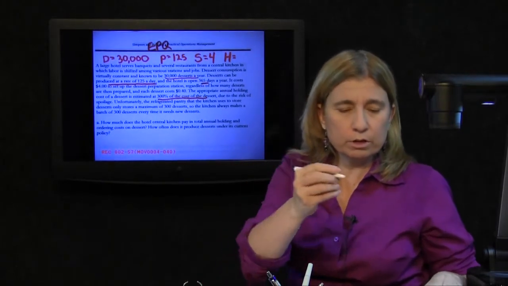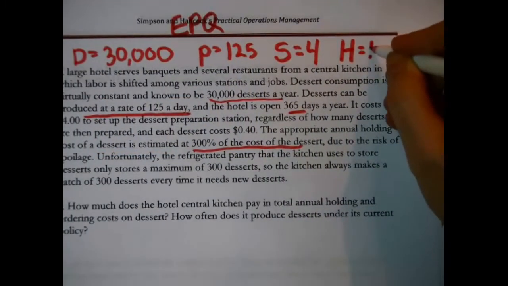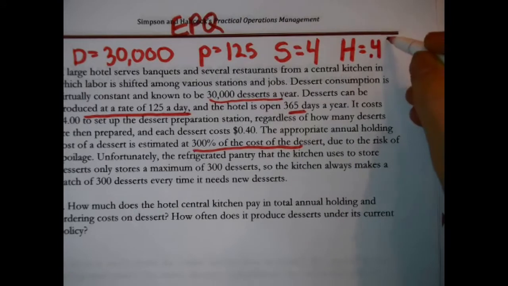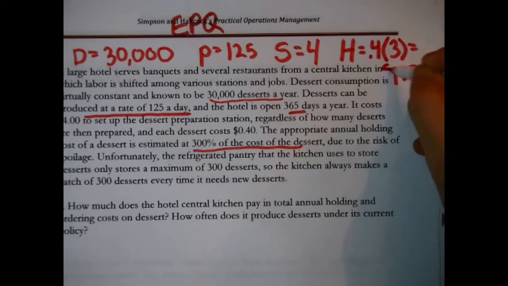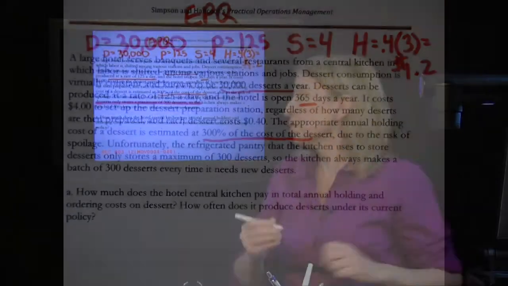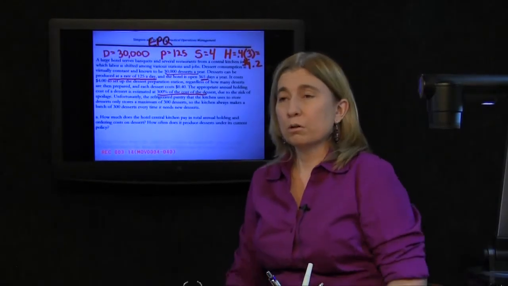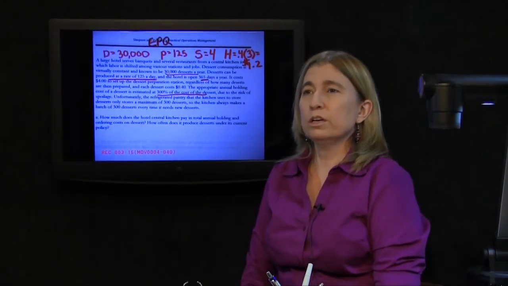So we better do that arithmetic because we're going to need it later. 40 cents, that's the unit cost, times 3 for 300% is $1.20. So the cost of holding 1 unit in inventory for 1 year is $1.20.